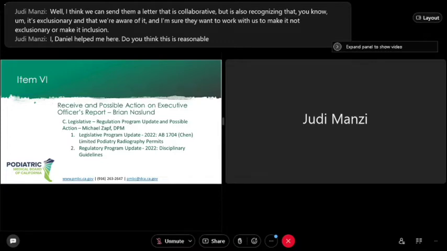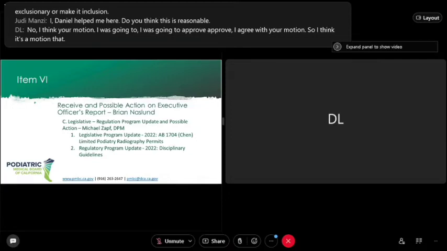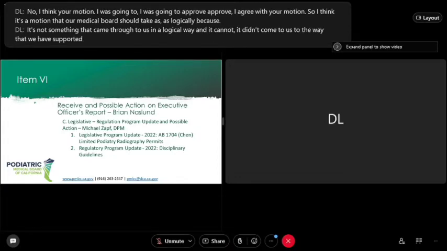No, I think your motion, I agree with your motion. I think it's a motion that our medical board should take logically, because it's not something that came through to us in a logical way, and it didn't come to us the way that we have supported. So I think it's very logical for Madam President to present this motion. So I agree with that.